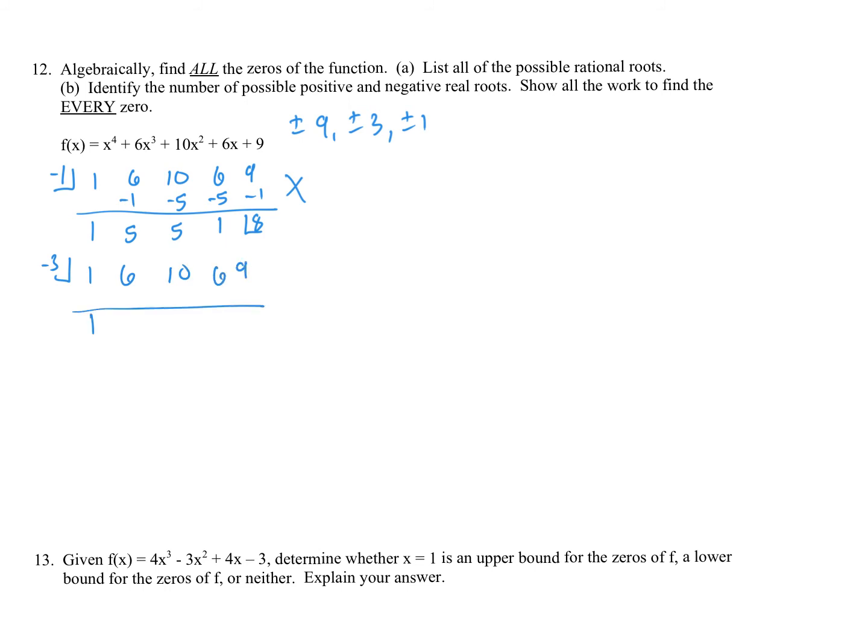1, negative 3, 6, oh, not 6, 3, negative 9, 1, negative 3, 3, negative 9, and here is a 0. And I see this 1 and 3 repeat.